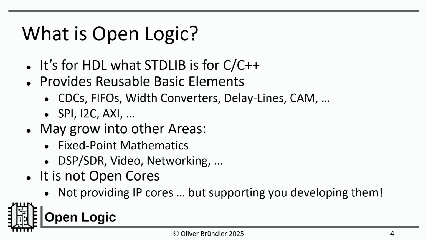OpenLogic is one library. It's always the same quality level for everything, and it's not providing applications. It's providing basic blocks that help you developing the application. So it's one layer below. If we come to a software development analogy, OpenLogic is more a standard library. OpenCores was more something like an application store.